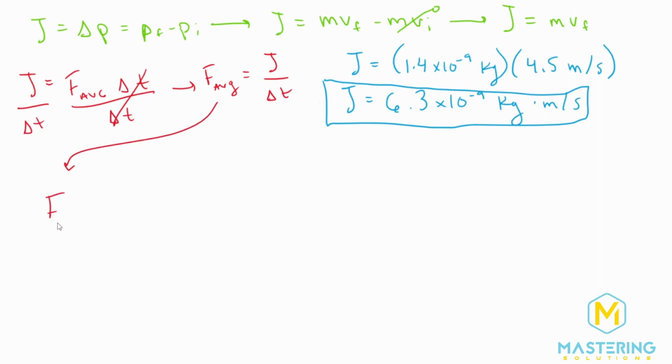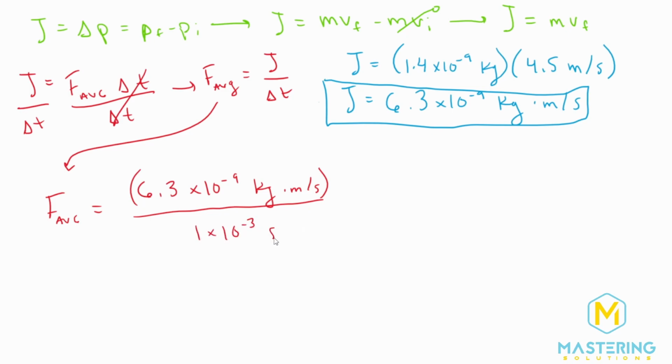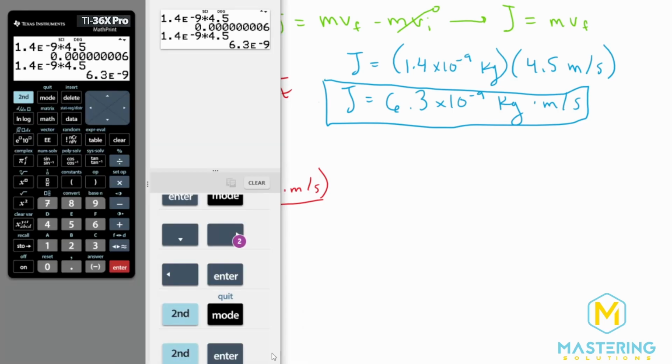So F average equals J, which we just found as 6.3 times 10 to the negative 9 kilograms times meters per second, all over the change in time, which was 1 times 10 to the negative 3 seconds. And we can plug this into the calculator, but we're dividing by 1.